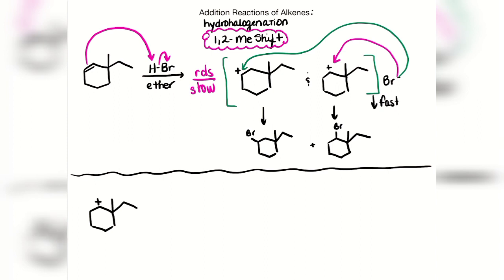I will denote my methyl shift by, you don't have to draw the methyl in, but I just prefer y'all to see it. That methyl is going to go to the positive charge. You would notate it as 1,2-Me shift. Or if you want to spell out methyl, you're more than welcome to.